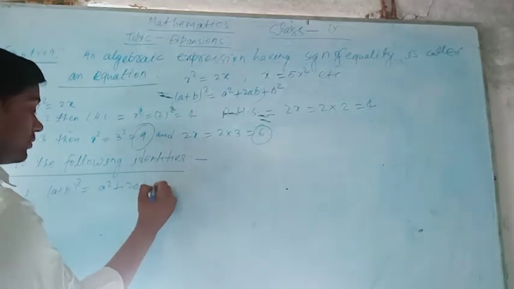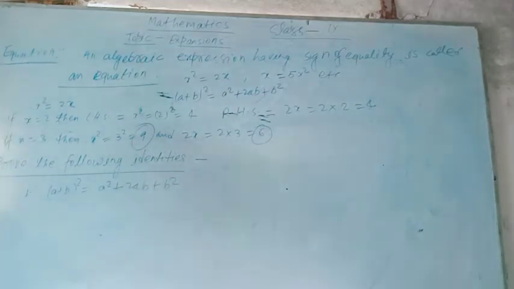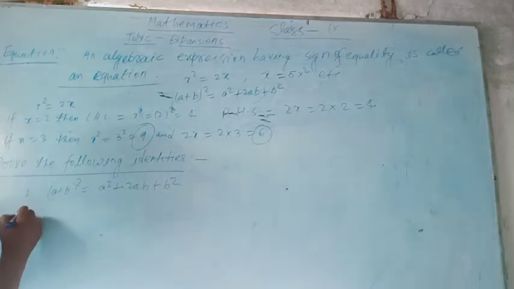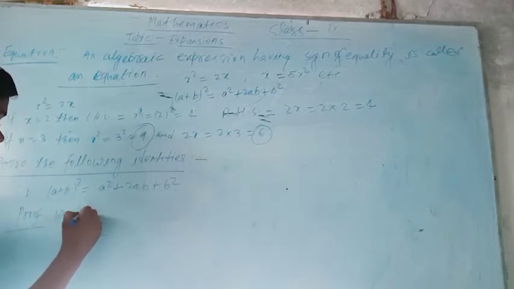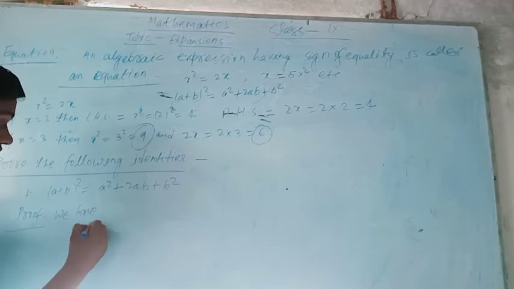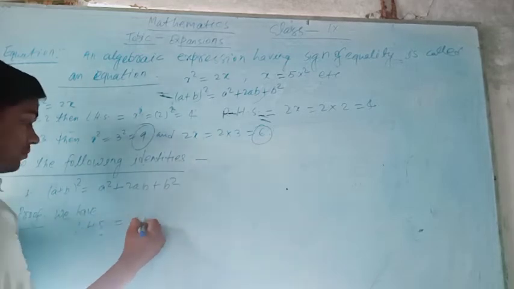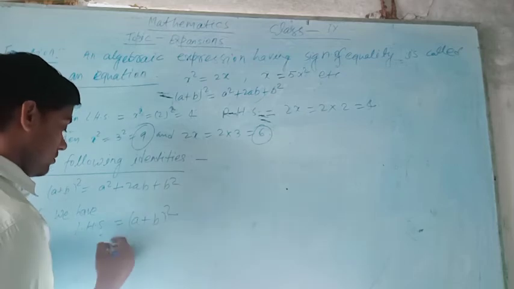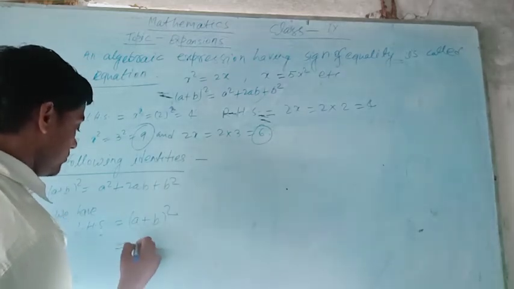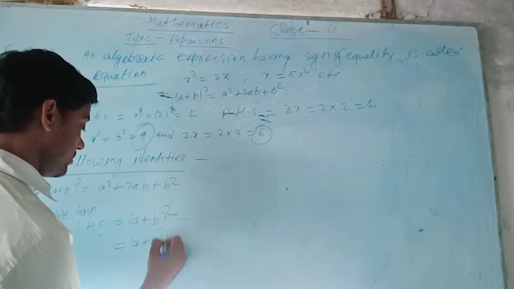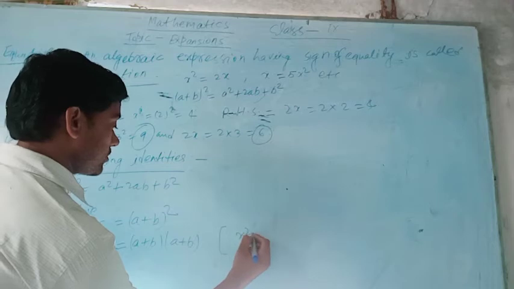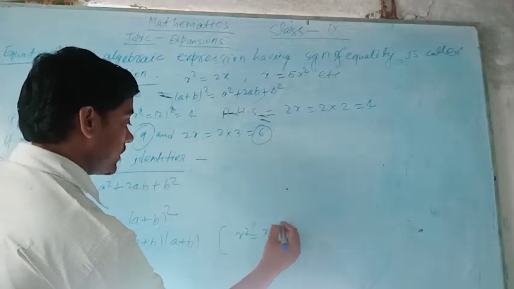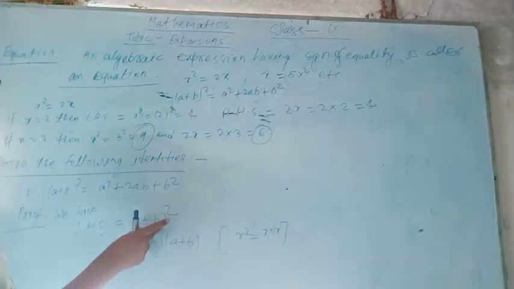We have LHS is equal to (a plus b) whole square, which means (a plus b) into (a plus b). As we know that x square is equal to x into x, similarly (a plus b) whole square is equal to (a plus b) into (a plus b). Now we will multiply a with (a plus b).